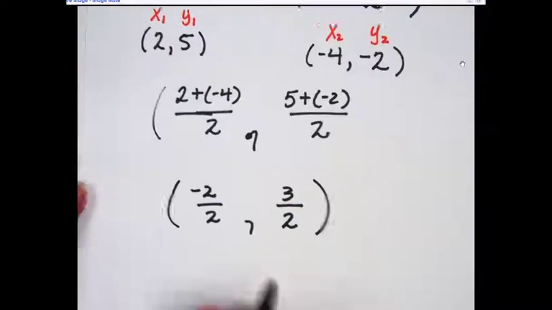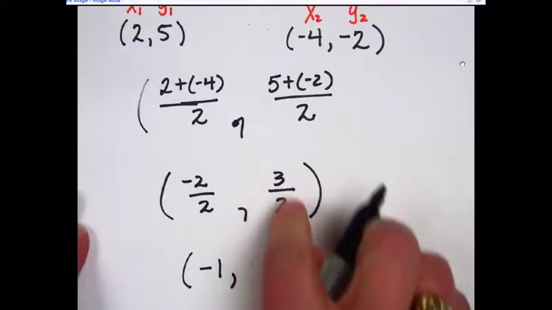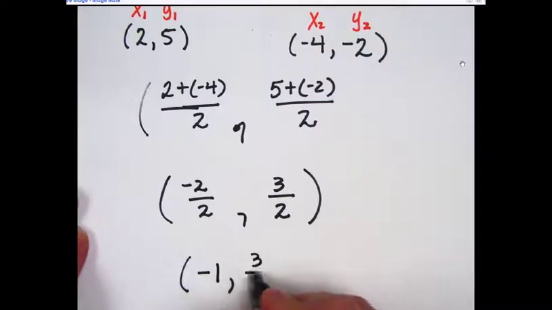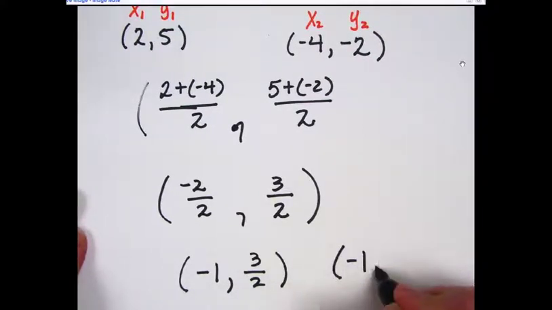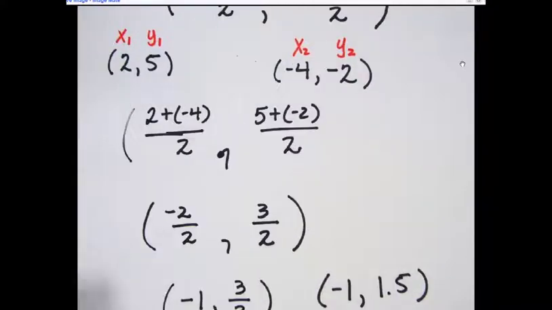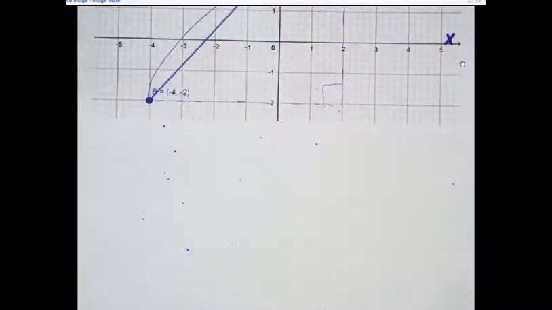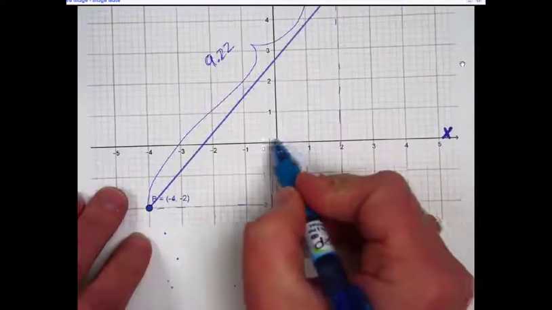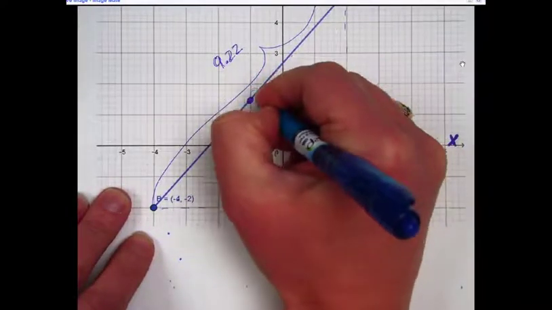Now simplifying this, negative 2 over 2 becomes negative 1, and this is just 3 over 2, or if you are a decimal lover, it's negative 1, 1.5. And so now if I go back to my graph, what have we found? Negative 1, 1.5. So if I come back here, voila, I see that right here.